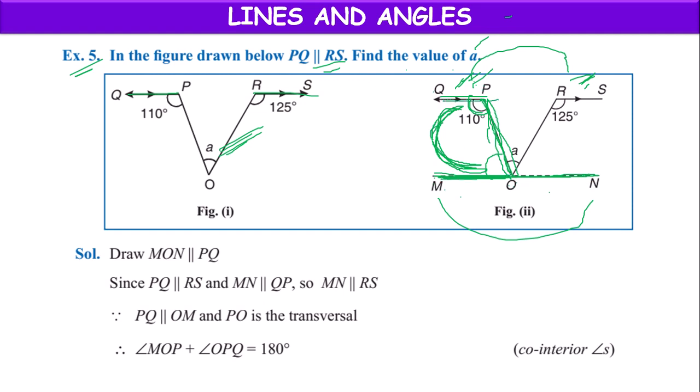So they are supplementary, according to the previous concepts we have learned. So 110 degrees plus MOP will be equal to 180 degrees.